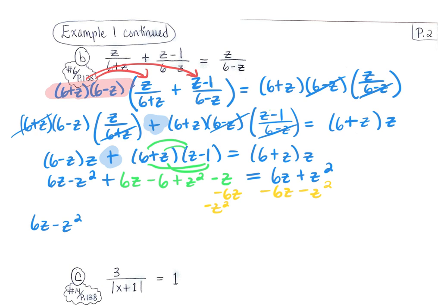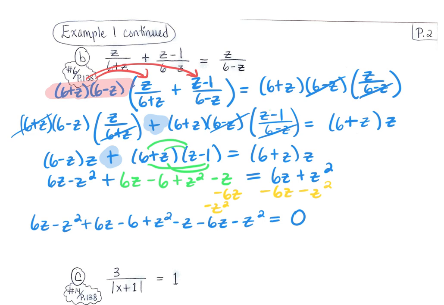Okay, so plus 6z minus 6 plus z squared minus z minus 6z, this is the yellow now, minus z squared equals what? 0. Good. Now we're going to combine like terms.